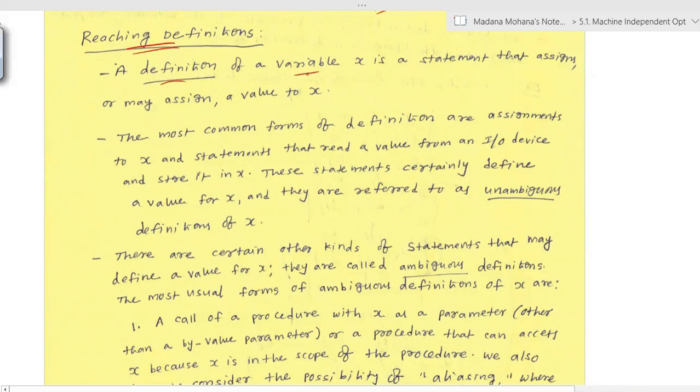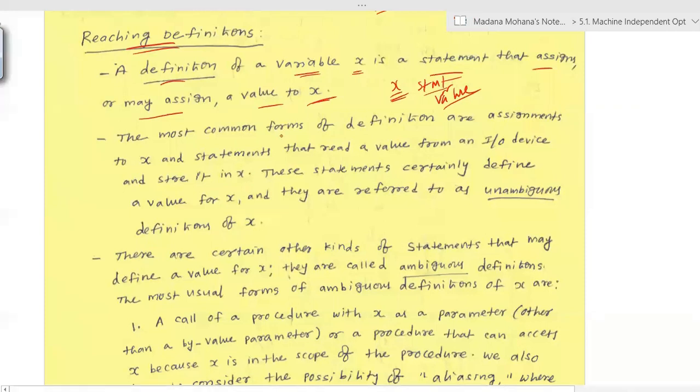A definition of a variable, let us say X, is a statement that assigns or may assign a value to X.